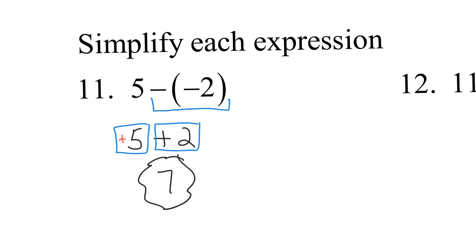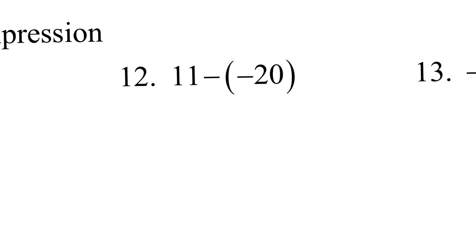But the double negative is when you guys make the second number positive. So let's try this one. 11 minus negative 20. So that's a double negative because you guys have a negative and a negative right here. Double negative. There's a parenthesis in between. So we are going to change all of this right here into a positive 20. So there's my plus 20.